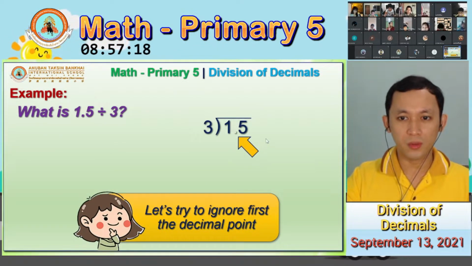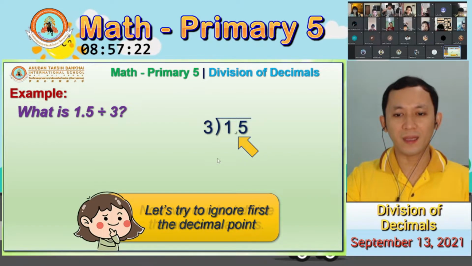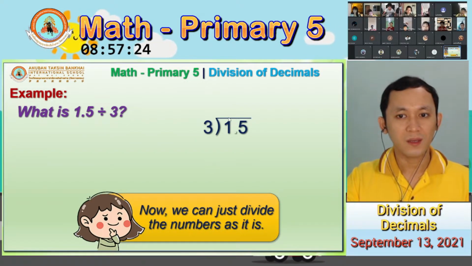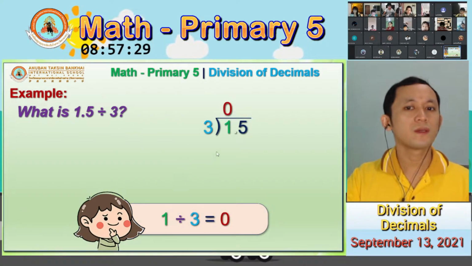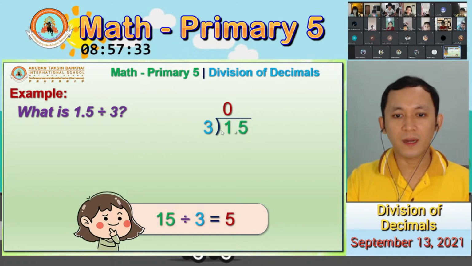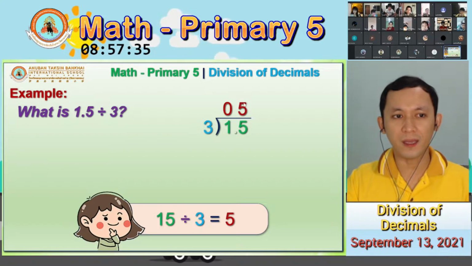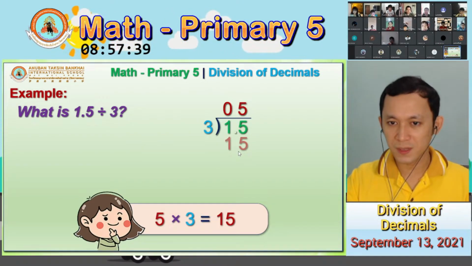We're going to ignore the decimal point and we're going to divide it as it is. So 1 divided by 3, of course, that is 0. So now let's have 15. 15 divided by 3, we have 5. 5 times 3, we have 15.